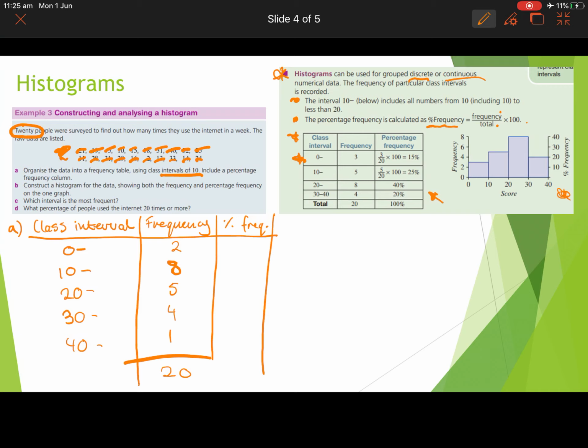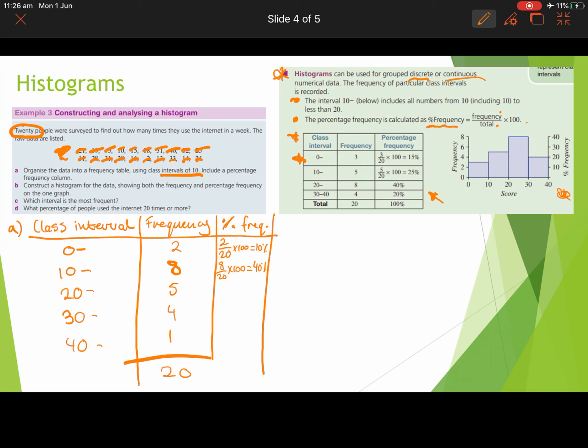Okay, for our percentage frequency, to do this column, what we need to do is do the frequency. So for this first one, it's going to be 2. We divide it by the total, which is 20. Okay, and then you times by 100. All right, so for this one, you should get 10%. Okay, so for the next one, you'd go 8 divided by 20 times 100, and then you should get 40%, and you do that for all of them for this column.